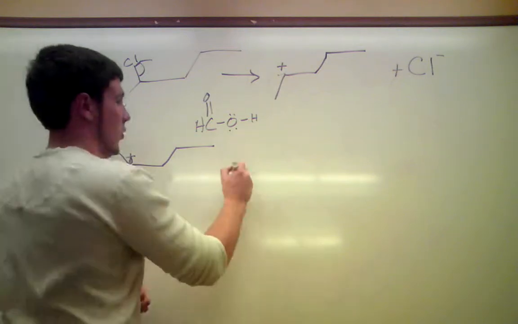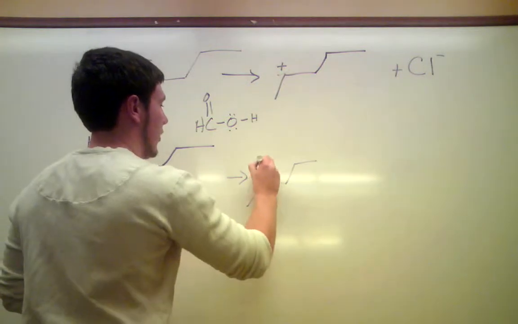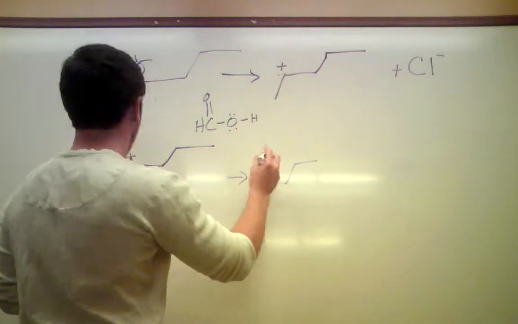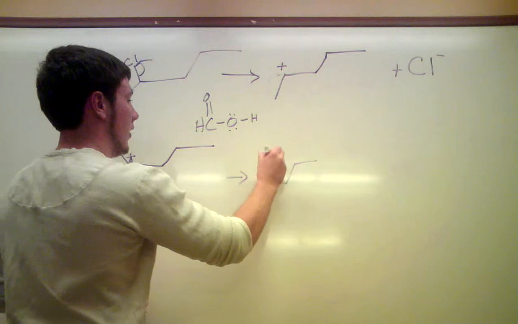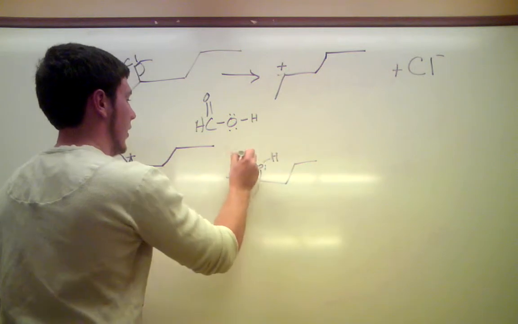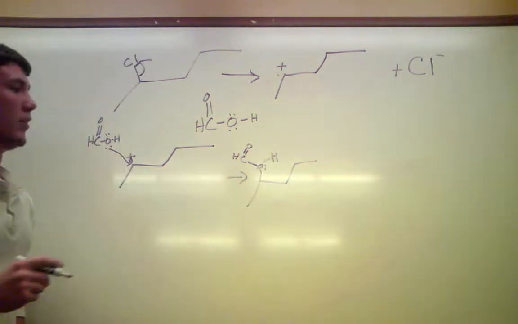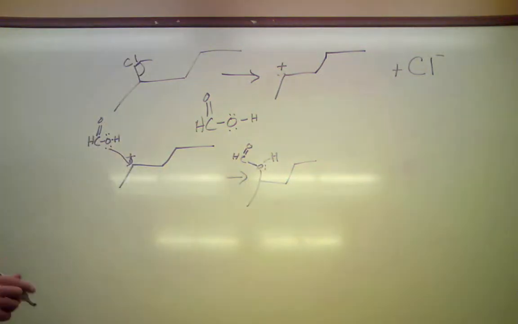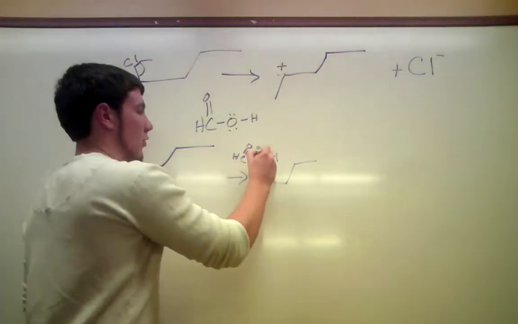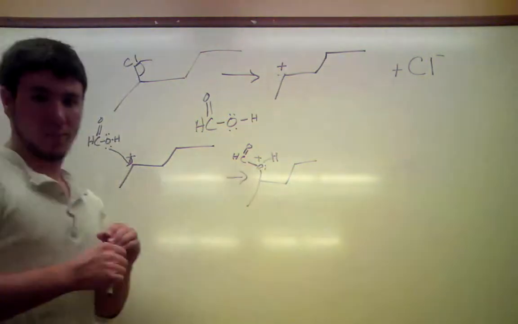So then, what we're left with is an H off that, and then off that, COH. Now, if you take a look at the formal charges here, this oxygen is going to have a plus.